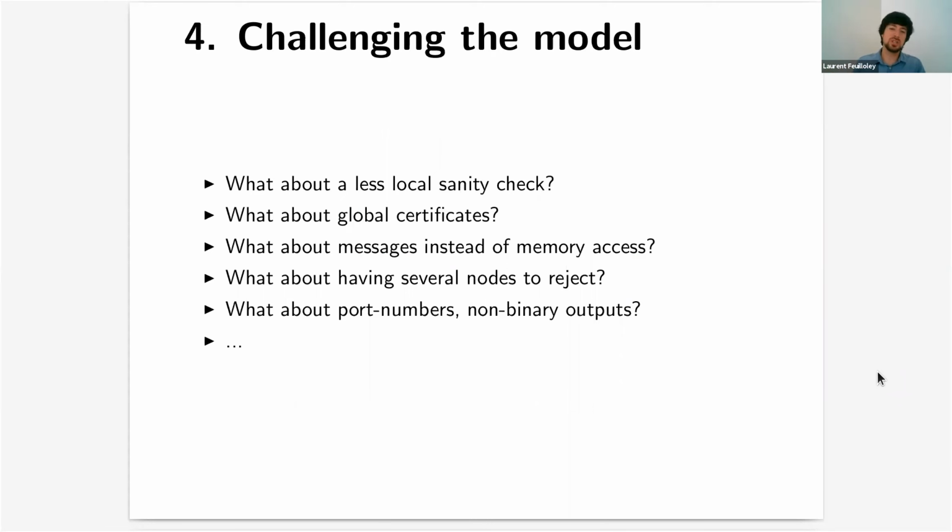That would also be cheap. All these kinds of questions. These are all reasonable questions, and answering them gives us information about local certification. It tells you whether the definition is robust, whether a self-stabilizing algorithm could use some other kind of local certification, etc. So this is also very interesting.